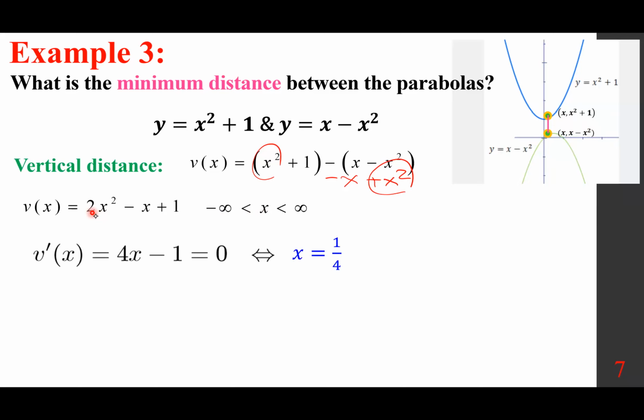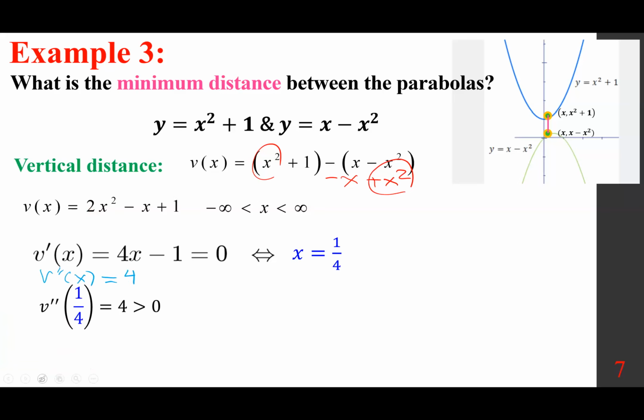Is this going to maximize or minimize? We don't know. We must do the first or the second derivative test. Second is the easiest because v double prime is 4.